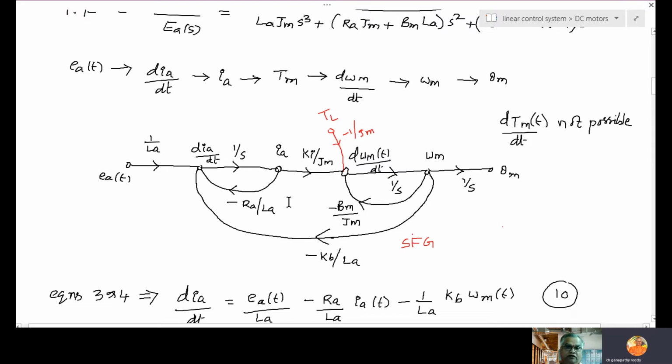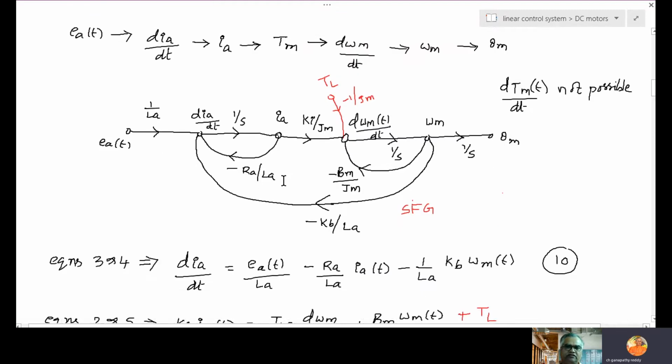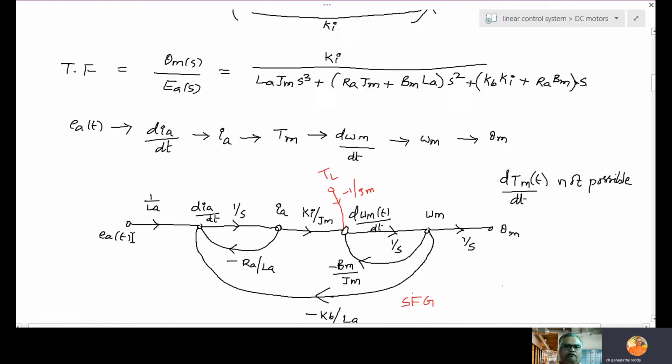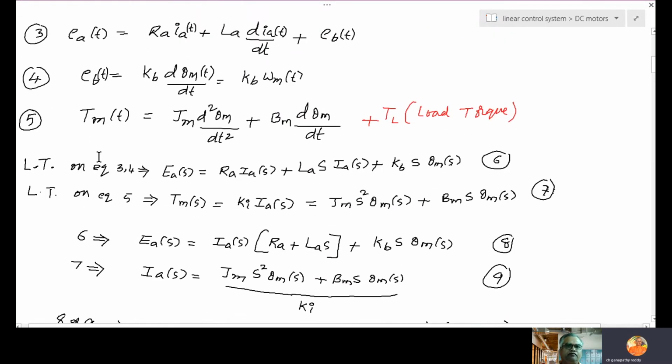Okay. Now we have to manipulate the time domain equations to get this signal flow graph. I have shown all these things, not just like that. You go through these equations, equations 3 and 4. Look at 3 and 4 and solve for dIa by dt. This Eb of t is replaced with KB d by dt theta m.